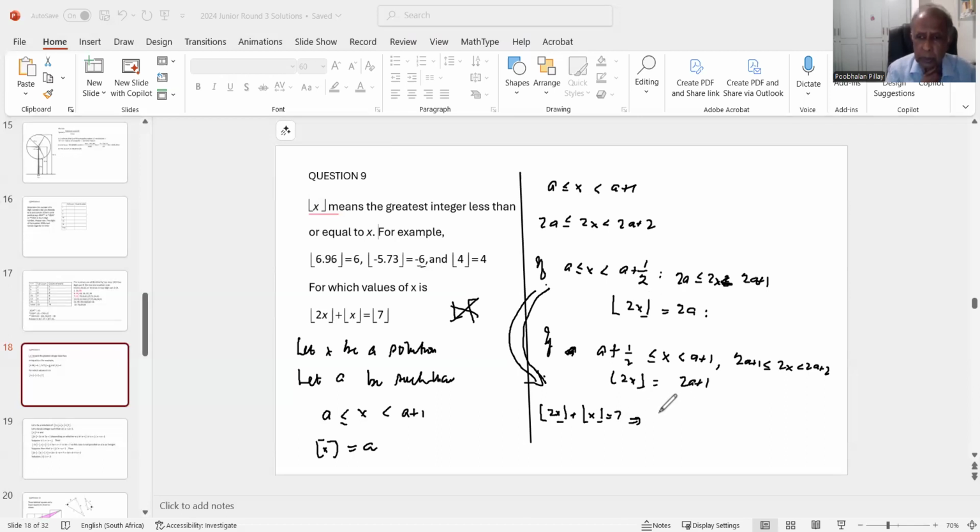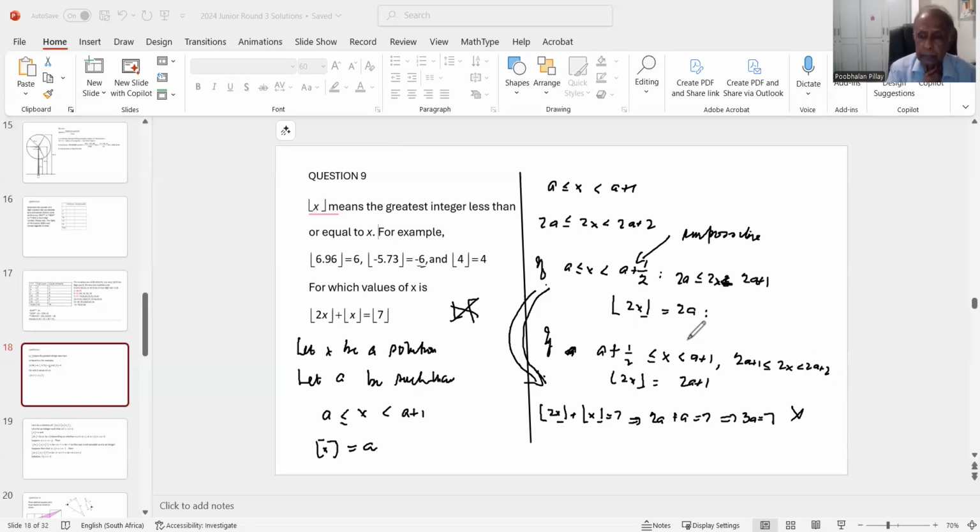Now in this case, 2x is equal to 2a, and x is always equal to a, and that is 7, and that implies that 3a is equal to 7. But a is an integer, you see. Right? a is an integer. This a is chosen to be the greatest integer smaller than x. And when you solve for a here, you don't get an integer, you get 2 1/3. So this cannot be. x cannot lie like this. This is impossible. Because if x satisfies this condition, you get an impossible situation. And we said x is a solution.